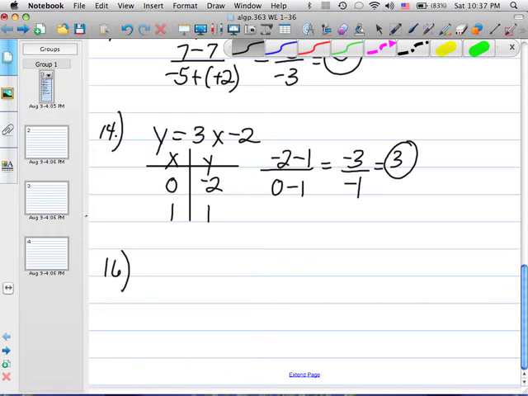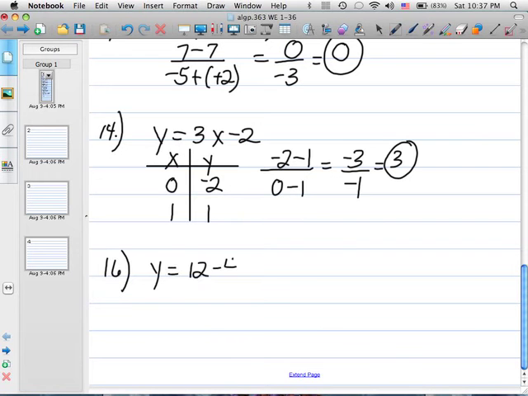Number 16, the equation is y equals 12 minus 4x. And we want 2 ordered pairs that work so we can find the slope. So if x is 0, 4 times 0 is 0.